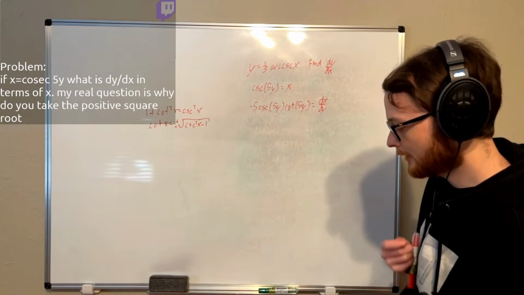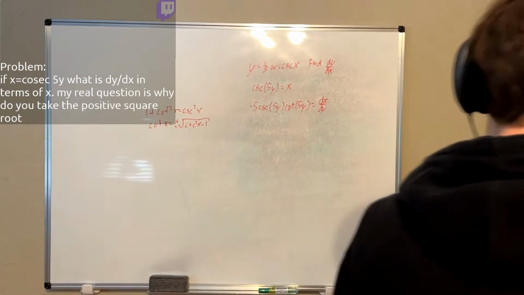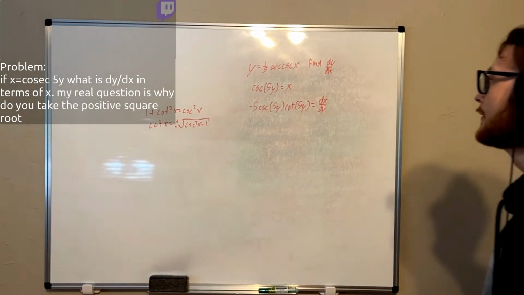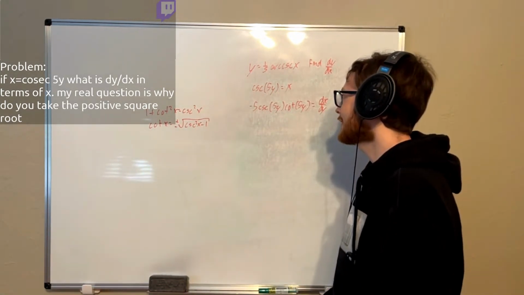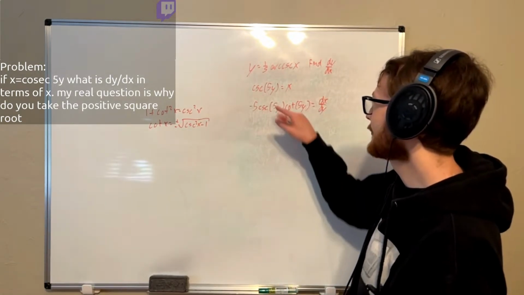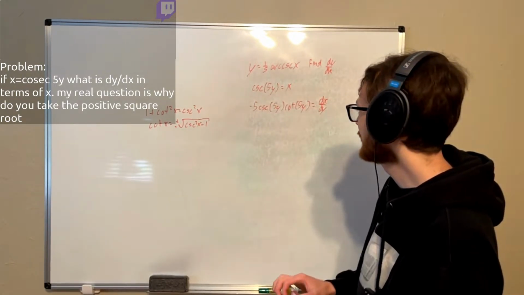Can we think about test points maybe? Cosecant squared 5y equals x squared? You're talking about squaring each side of that? I'm not sure what that does for us. I guess it would kick the can down the road if we want to square each side here and then derive.